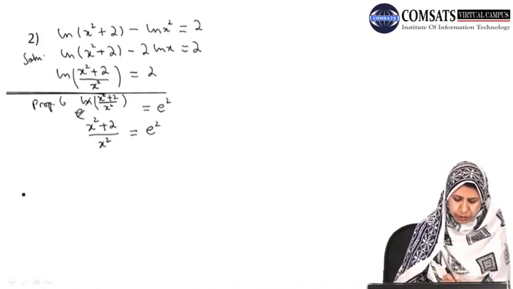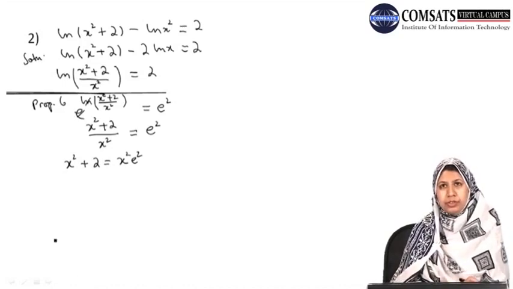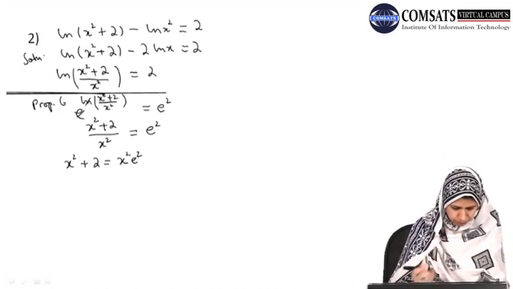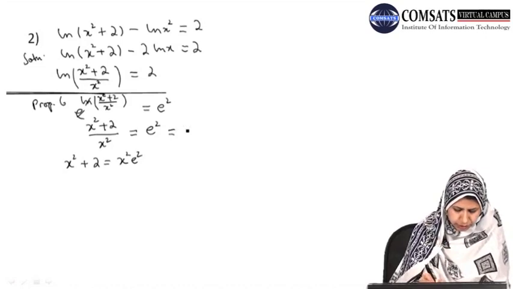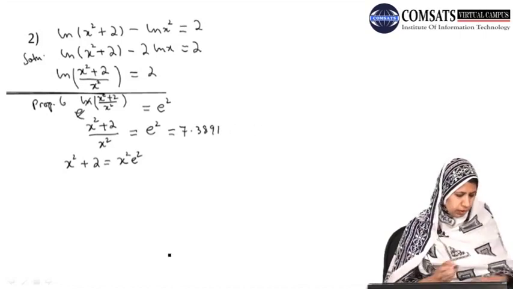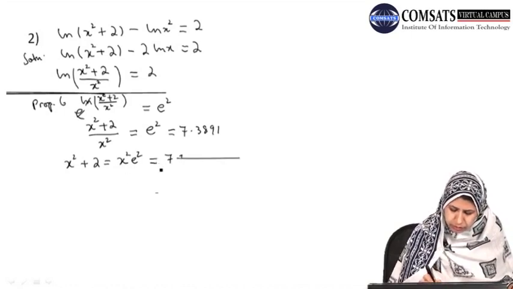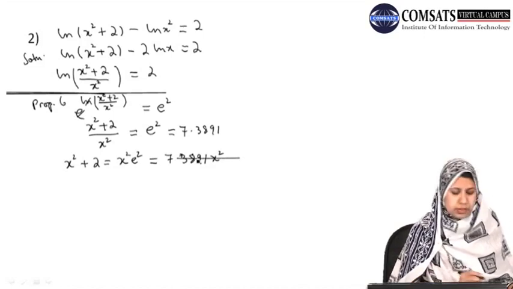Now we have a quadratic equation in x square, and we can easily simplify it or find the roots of x, where we know that e square is equal to 7.3891. Okay, so the right hand side is equal to 7.3891 x square.